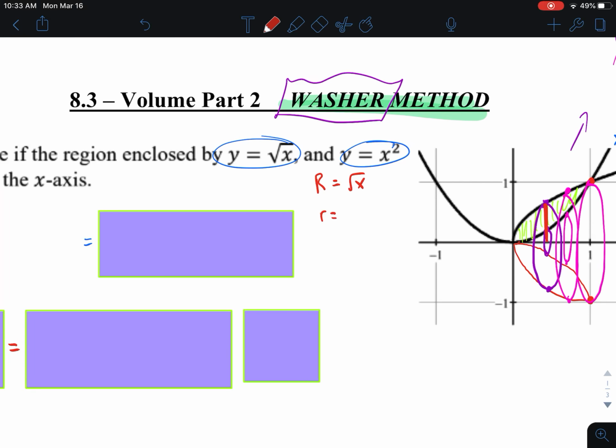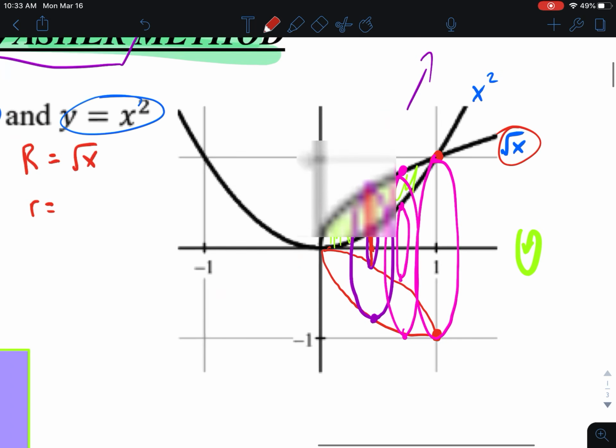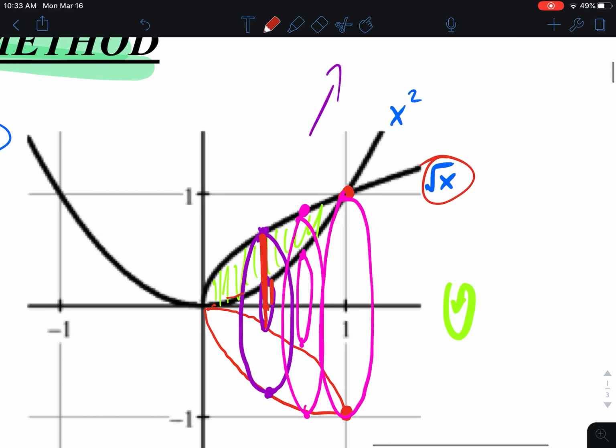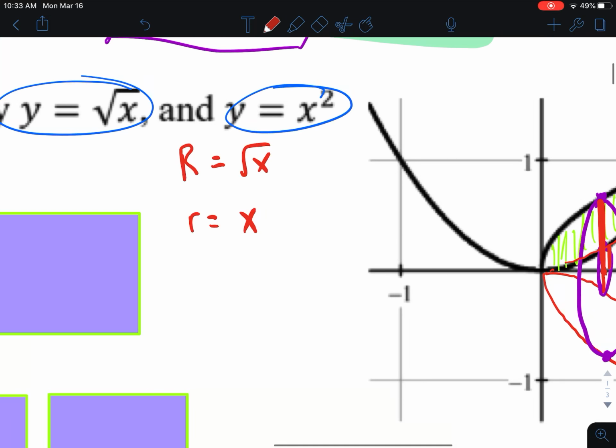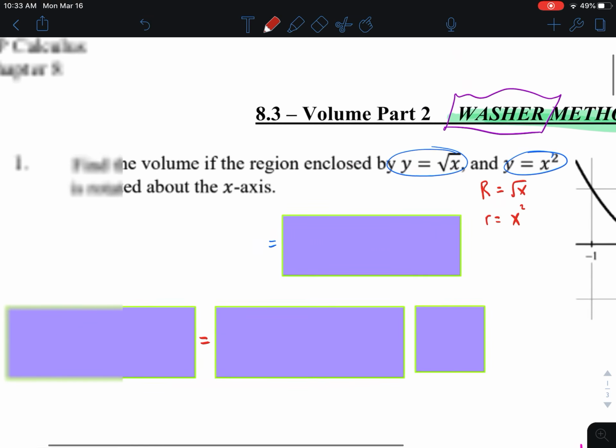The little radius would be from just here to here. I guess I should do it upward so you guys can see better. That's the little radius, and that's just this function right here, which is x squared. Okay, so the hardest part is probably making this function for volume. So let's do that.